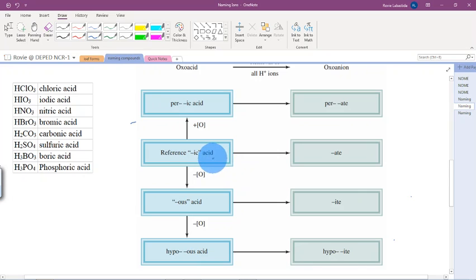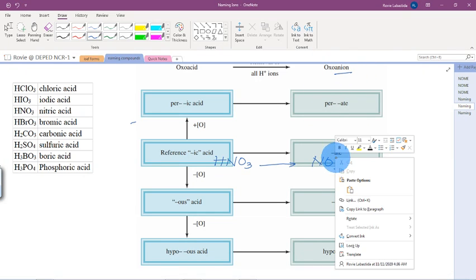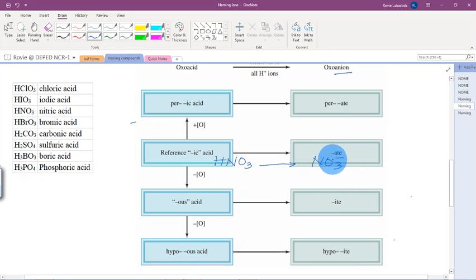The formula for nitric acid is HNO3. If we remove the hydrogen atom from the formula, that will become NO3. Since this is an ion, the net charge is negative, and the numerical value is 1 because only one hydrogen atom was removed.